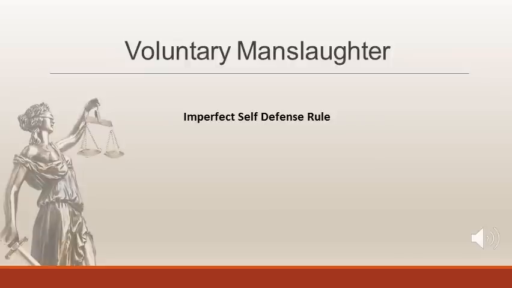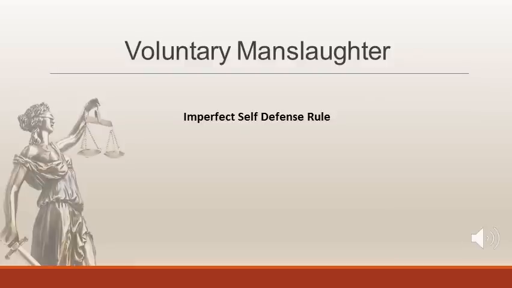Now, under this rule, it is still voluntary manslaughter because you may have thought it was self-defense, but you were wrong. So under the imperfect self-defense rule, you're claiming that you had the right to self-defense, but it was a mistaken belief and the victim died.